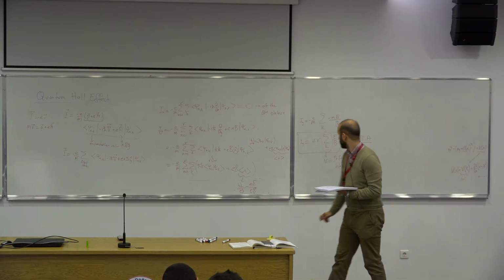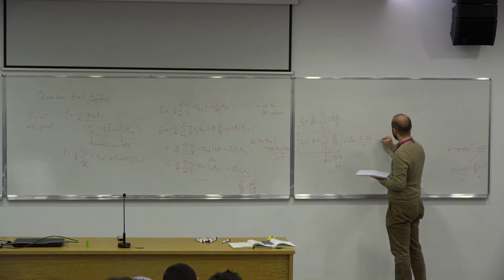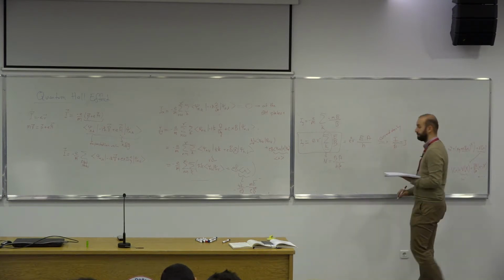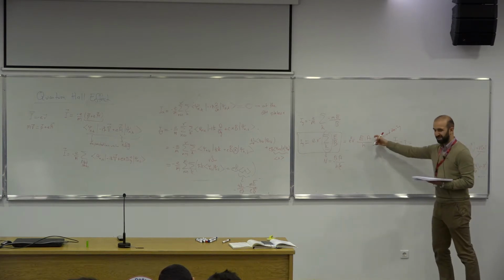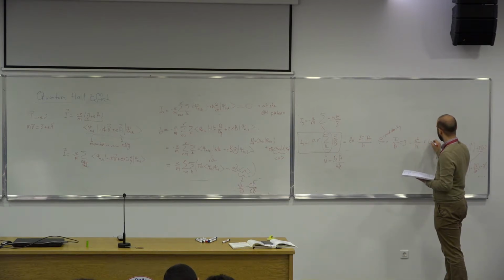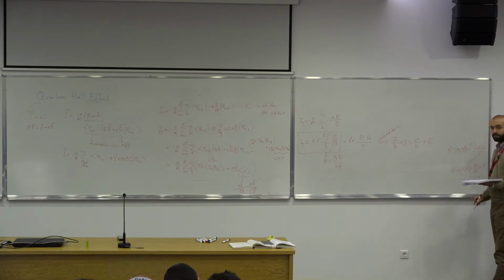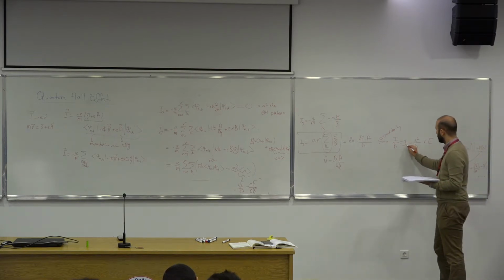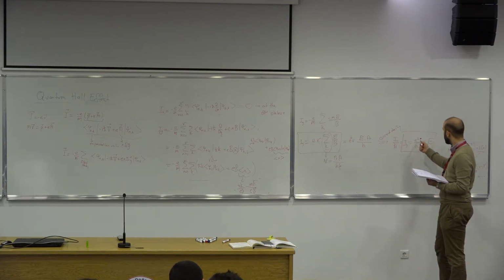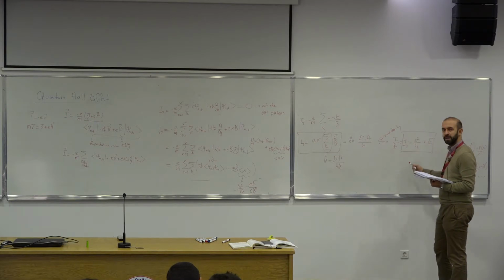Finally, let's switch to current density. So I over A will give me J. Okay, so I'll get rid of this geometry dependent parameter. I'll end up with times νE. So the current density along the y direction will be given by e squared over h times ν times the electric field.